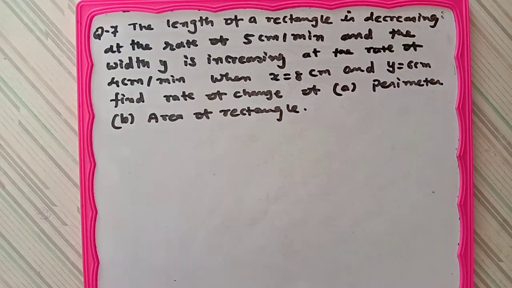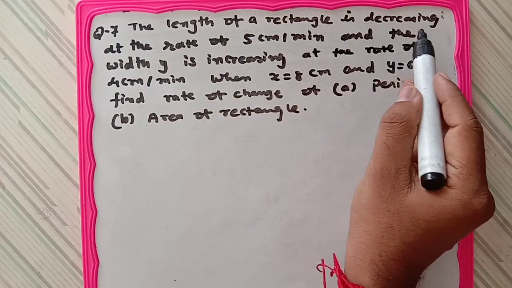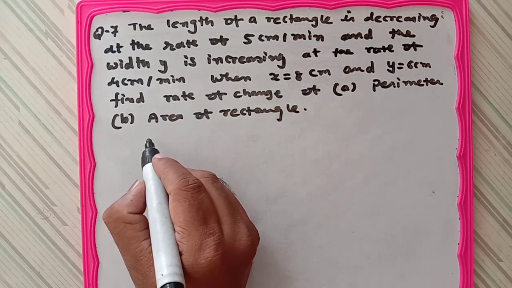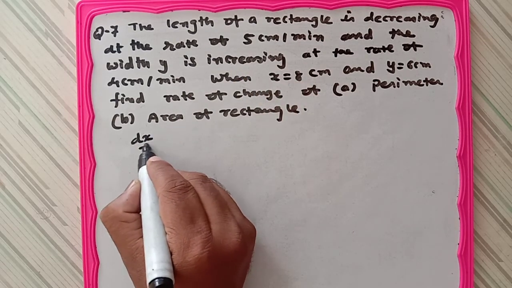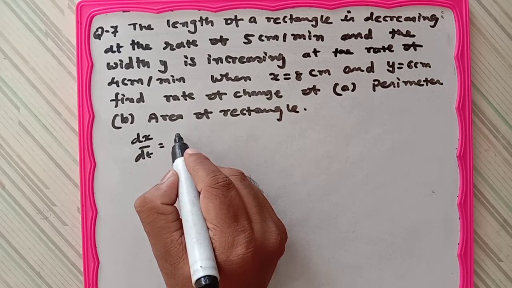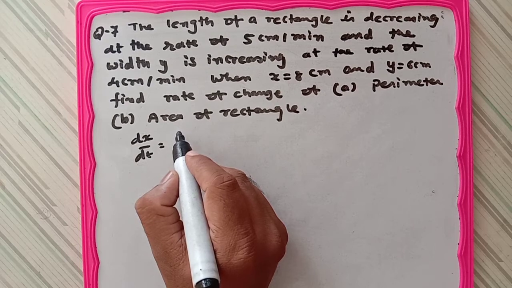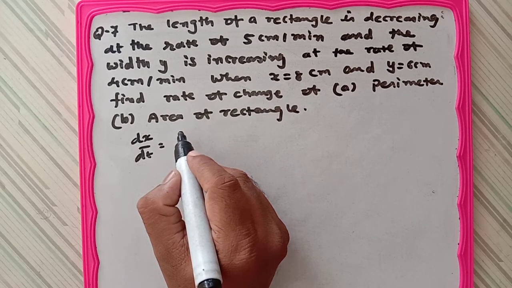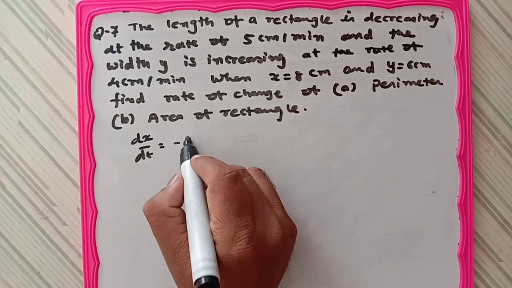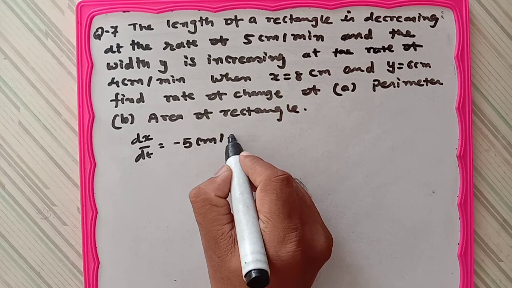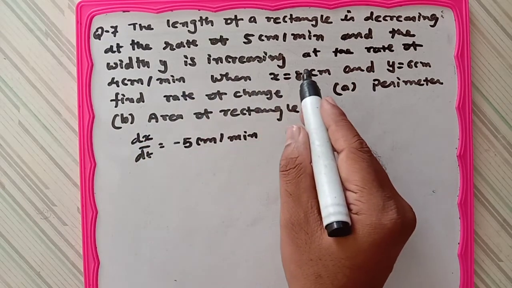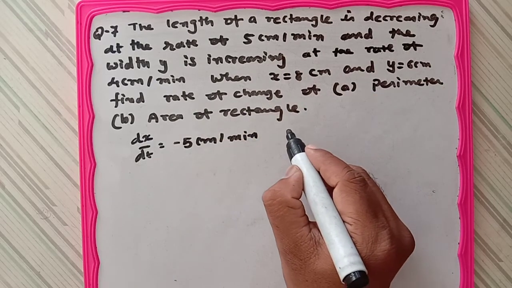Question 7 we have: the length of a rectangle is decreasing at the rate of 5 centimeter per minute. So we take the length as x, then dx/dt is given as minus 5 centimeter per minute, and the width y is increasing at the rate of 4 centimeter per minute.